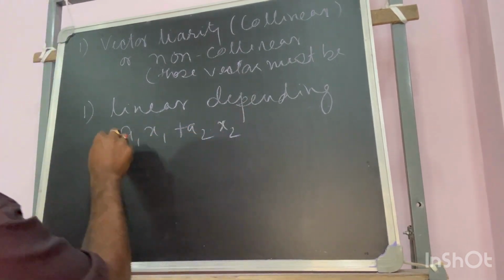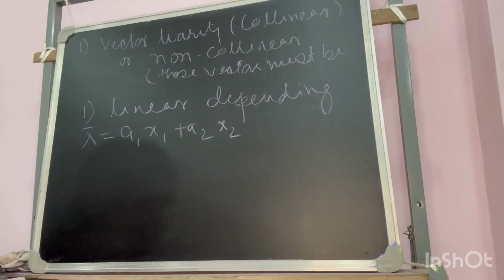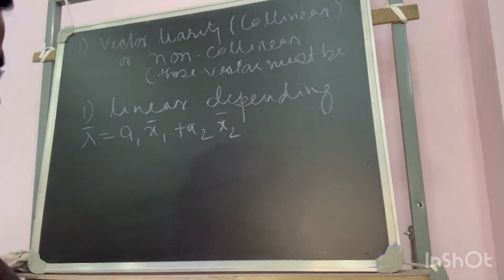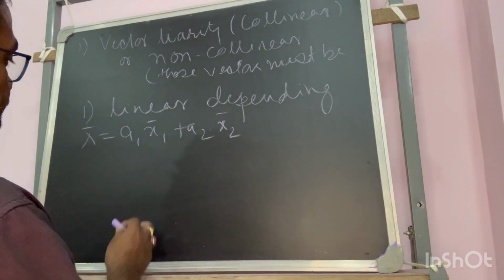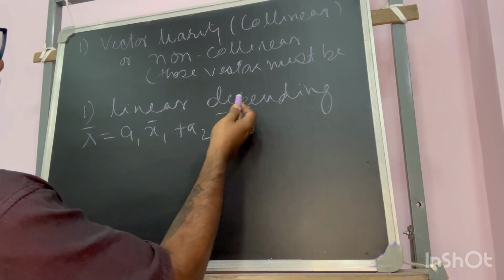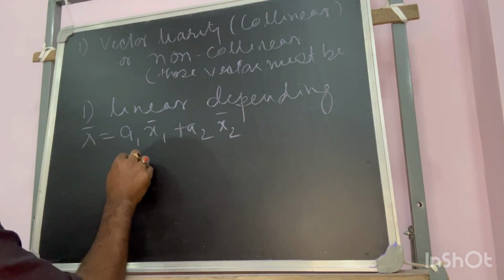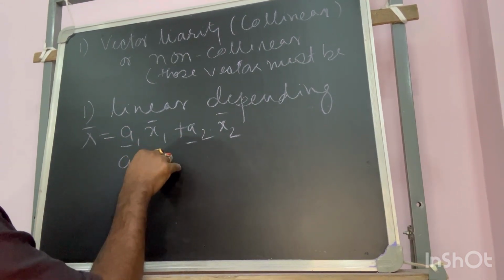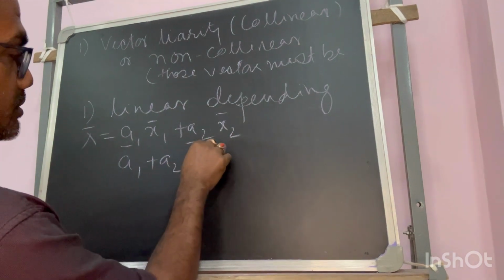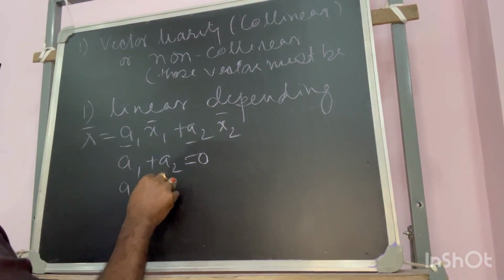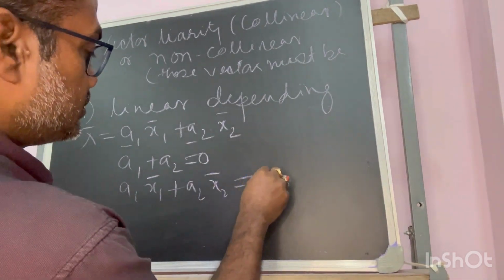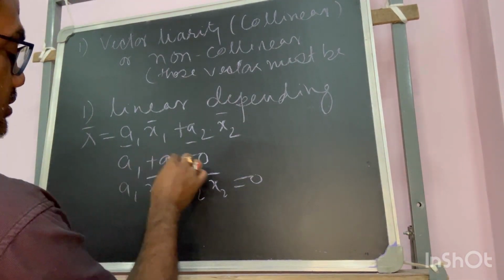If these are individual vectors which are non-zero and coplanar, then linear dependency means that these are the coefficients, the scalars, and a1 x1 plus a2 x2 also has to be 0. So these are the conditions.